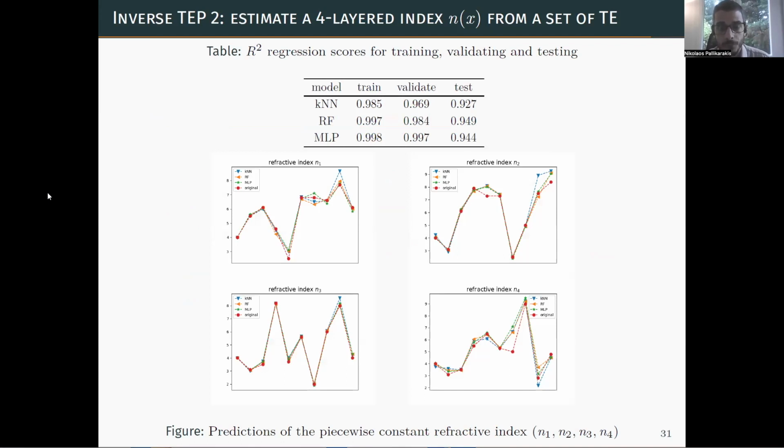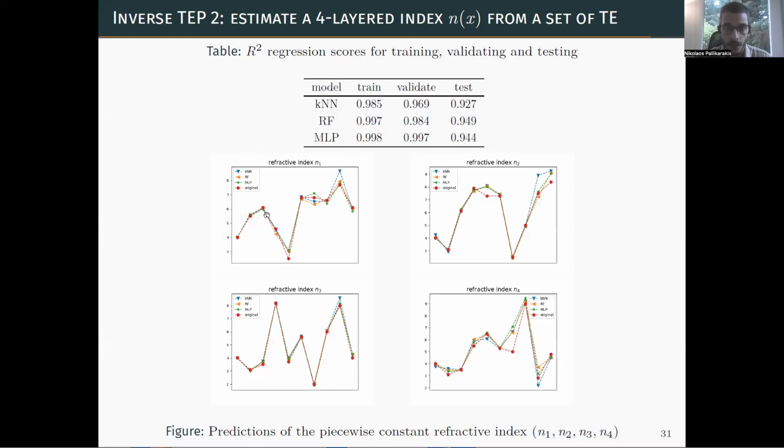Again, we see the output of the R squared for training, validating, and testing. One quick comment here is that the neural network outperforms the other models because both training and validating for the MLPs are very high. And this is a classical result in deep neural networks because the larger the data set, the better the predictions, the better the model performs.